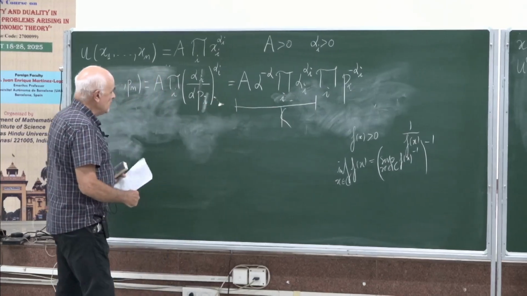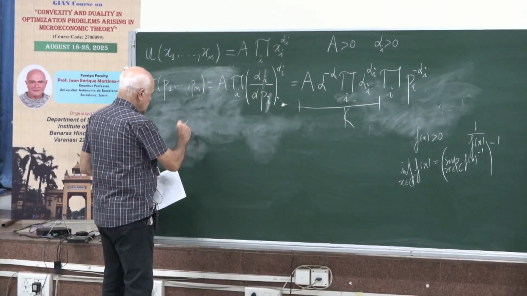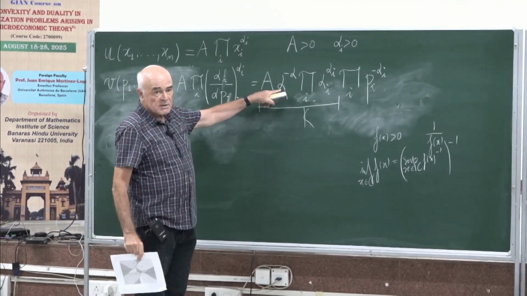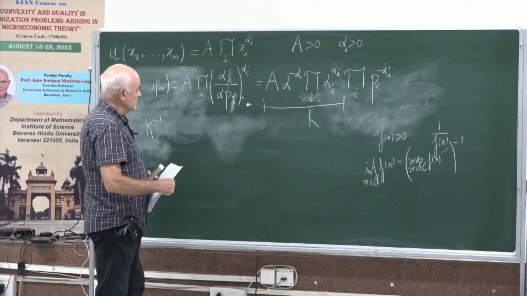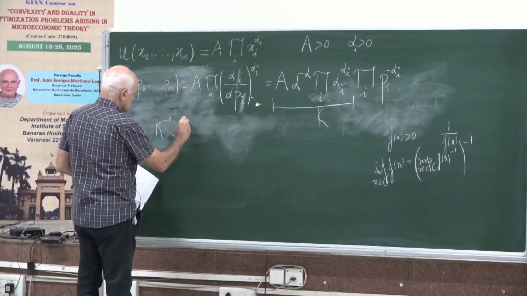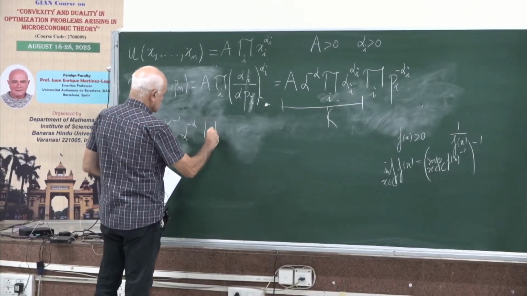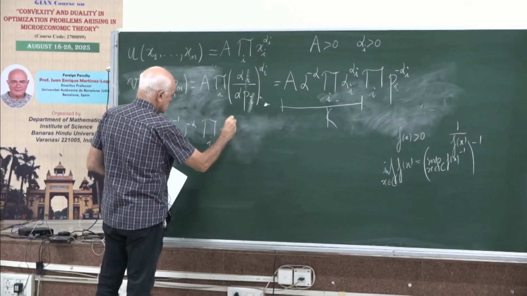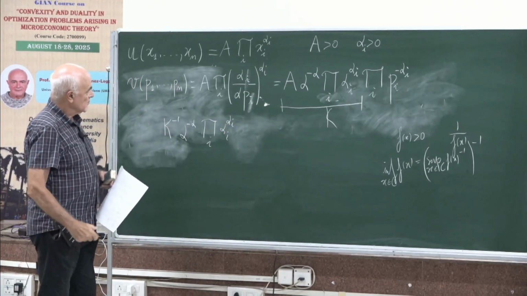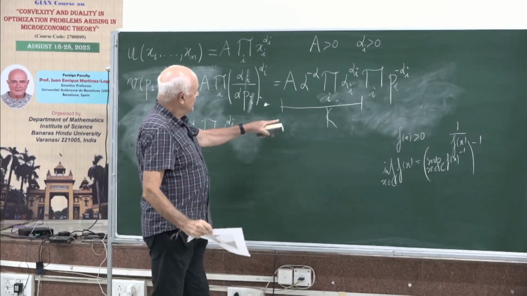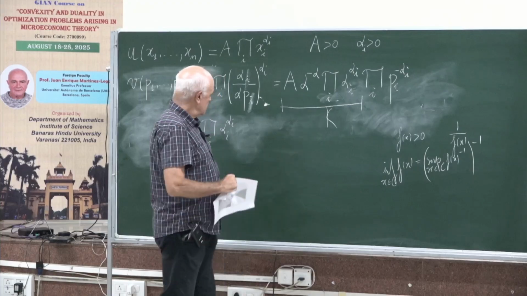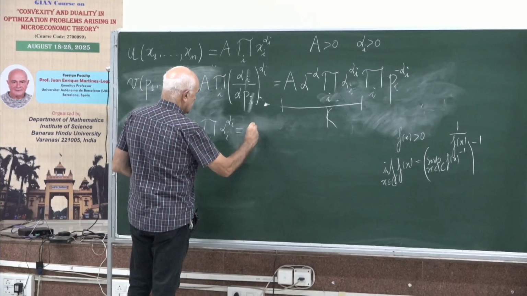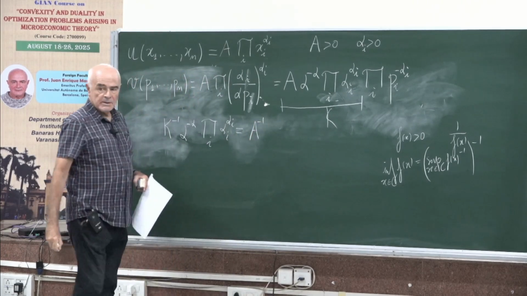When A is replaced with k minus 1, what we obtain is k minus 1 times all that. But if you look at the definition of k, this is simply a to the minus 1.